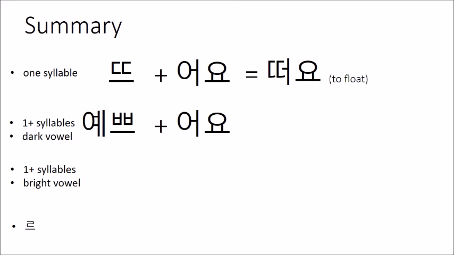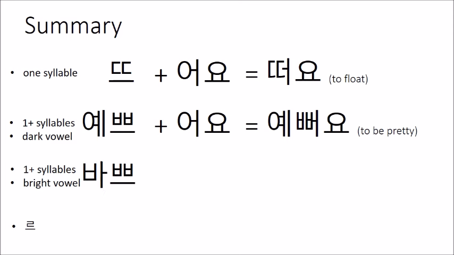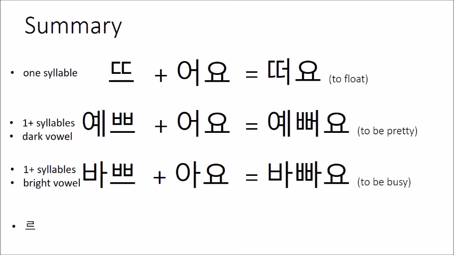In the same way, we add 어요 to it to get 예뻐요. And what if we have more than one syllable and start with a bright vowel? For example, 바쁘다. We apply 아요 to get 바빠요. And once again, words ending with 르 do not apply to this rule.